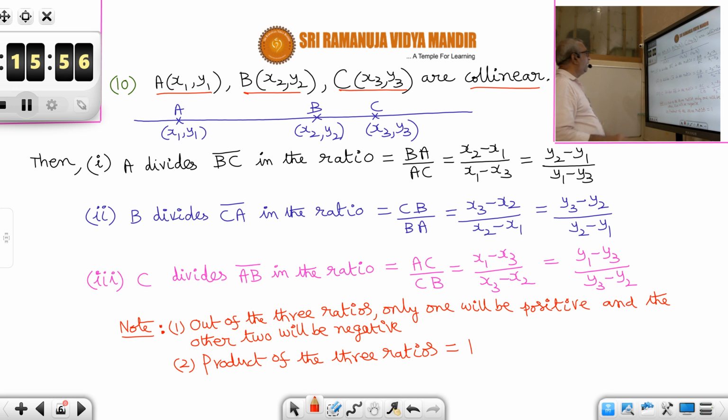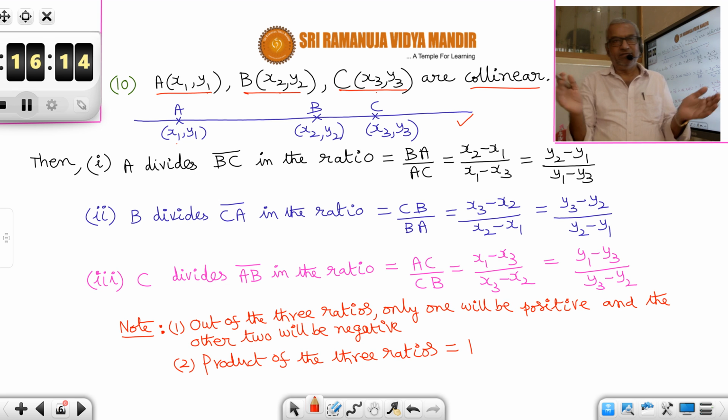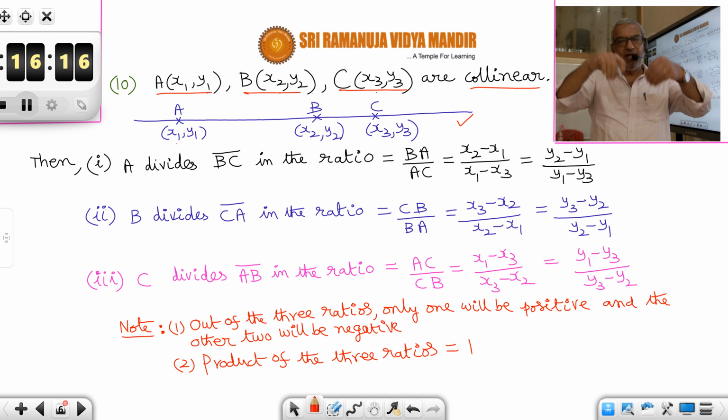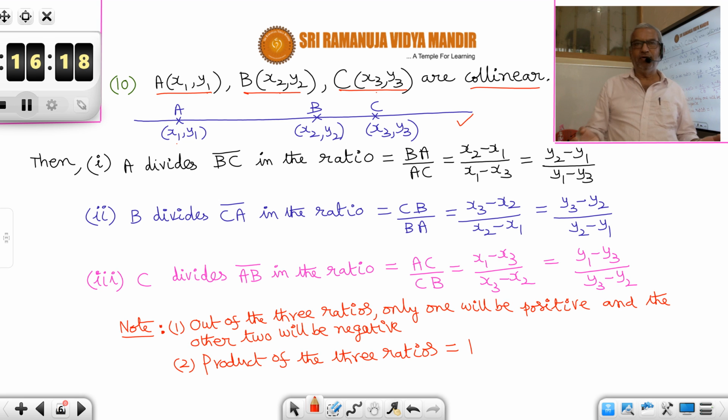So suppose the 3 points A x1 y1, B x2 y2, C x3 y3 are collinear. Collinear means I have drawn the diagram here: the points are lying on a line. But we don't know the order. Which point is lying between which 2 points, we don't know.